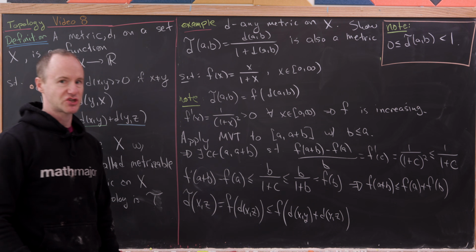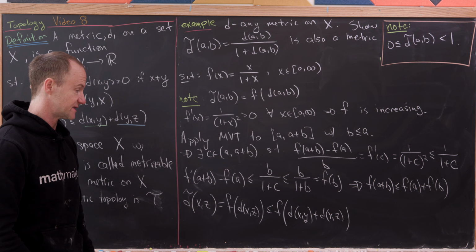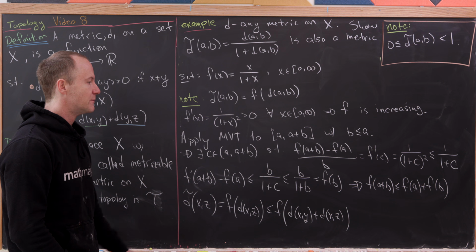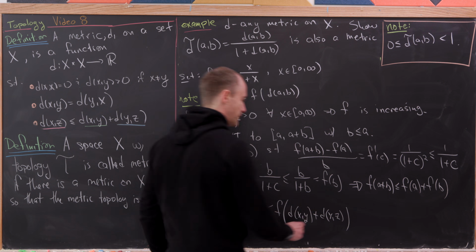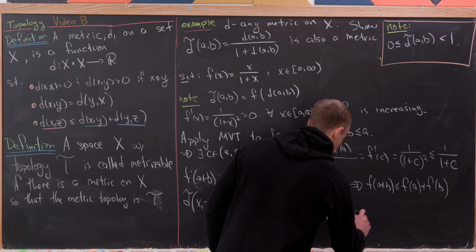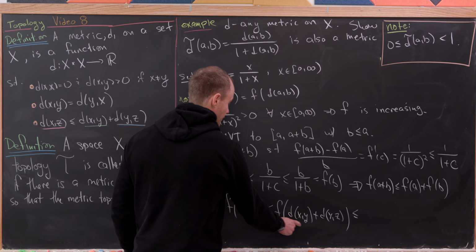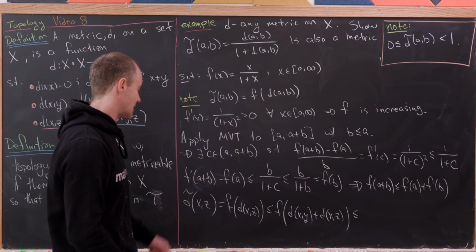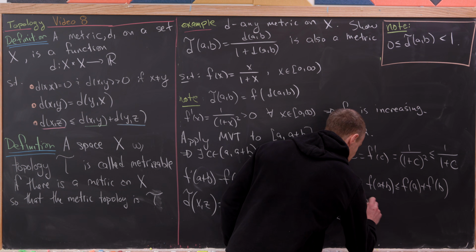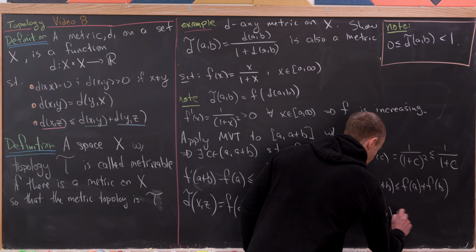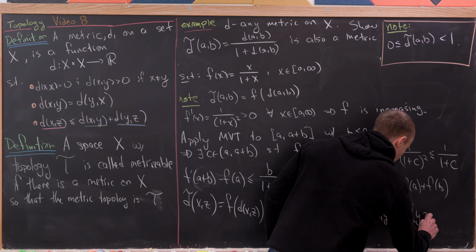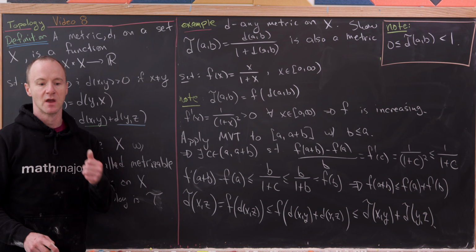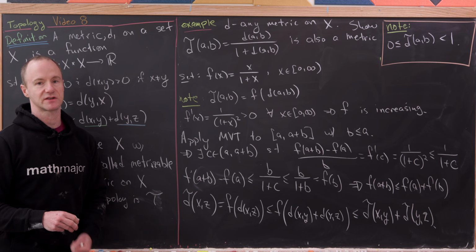I'm able to make that change because our function is increasing, so I replaced the argument with something bigger and got something bigger in the end. But now I can apply the inequality I just built to have this is less than or equal to f evaluated at this distance plus f evaluated at that distance, but that's just our d tilde. So we have d tilde evaluated at x y plus d tilde evaluated at y z, as needed for the triangle inequality to be satisfied. All right, so now let's end with some exercises.